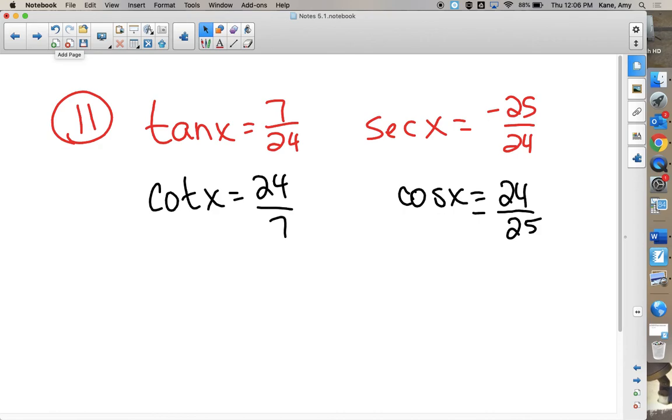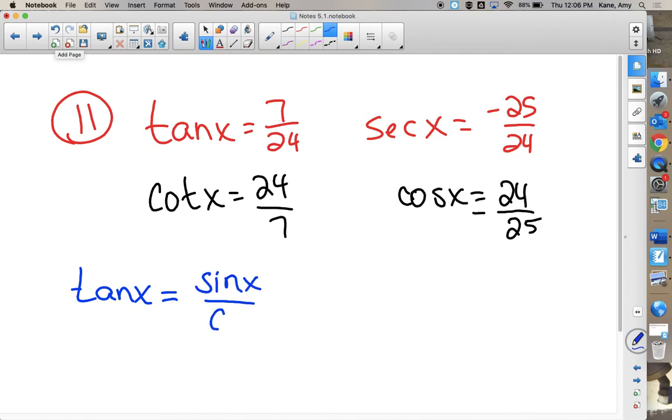How can you find the sine using an identity? Couldn't you use the quotient identity? So you could take tangent and place it equal to sine over cosine.